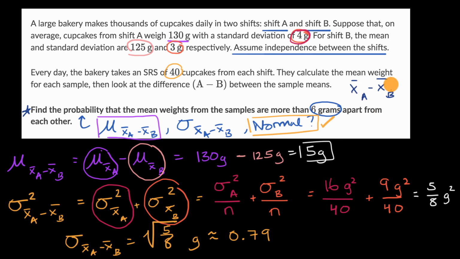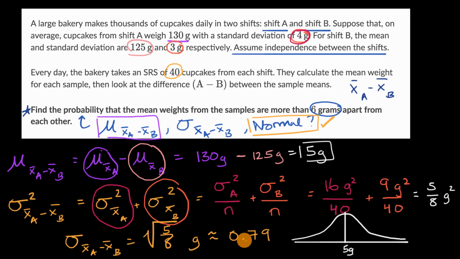So the sampling distribution of the difference of sample means will look something like this. It is normal, so it is going to have that classic bell shape. We know its mean is at 5 grams, so this is 5 grams.